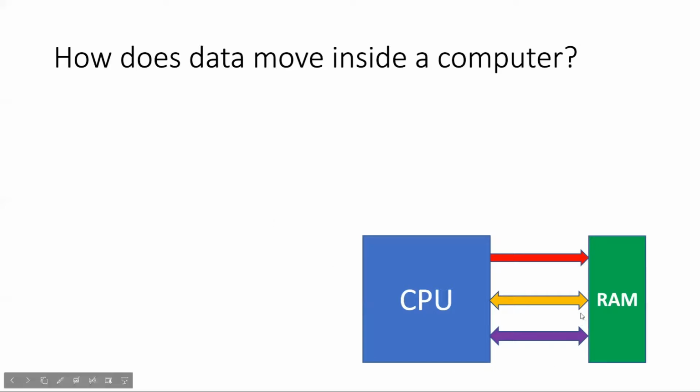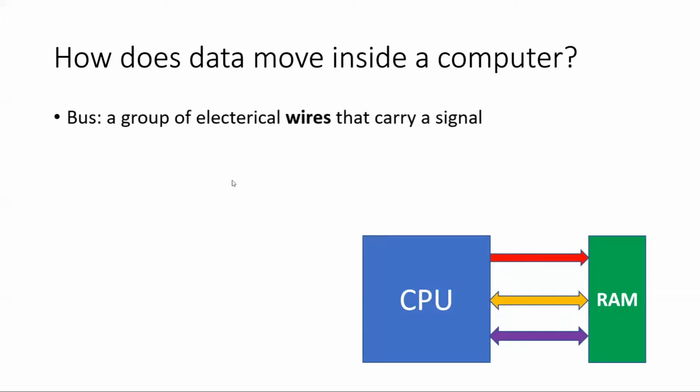Because imagine this is the memory that stores the data in our computer, and this is our CPU that wants to do these Boolean algebra operations. They need to connect in some way so that data can move from memory to CPU, so that the operations are performed on the data. How is this movement done? So inside the computer, buses are used for moving data around.